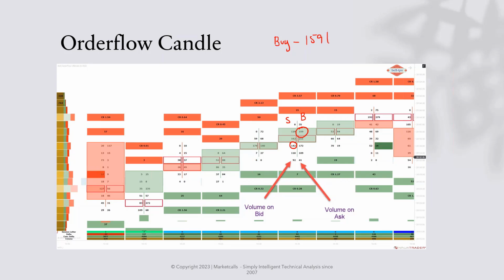So this 159 lots on the buy side is more of an executed market buy order.